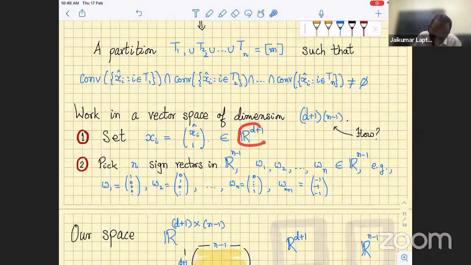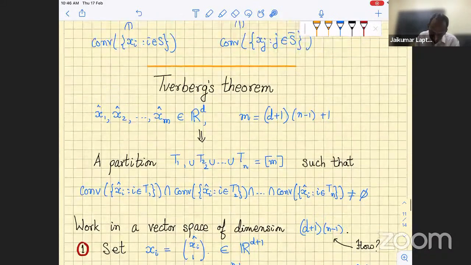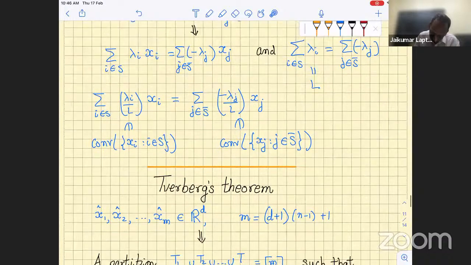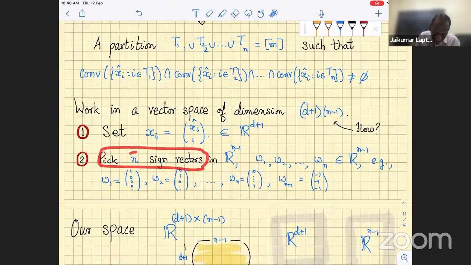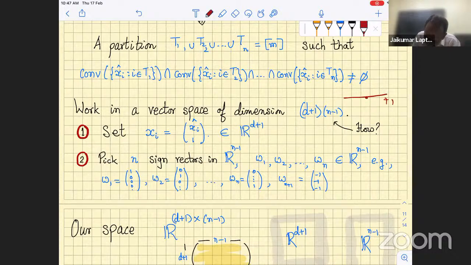He says, so now I've got d plus 1. Now what you do is, I don't have signs, but notice that in one dimension, what's a sign? Let me just see. There is a plus 1 and a minus 1, and these are the signs. So these are two numbers which themselves are linearly independent.